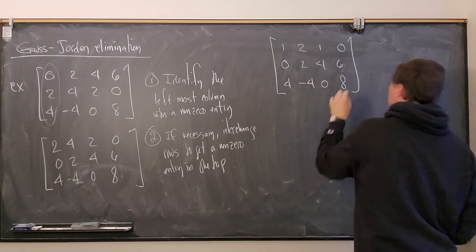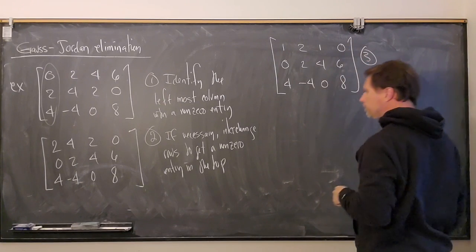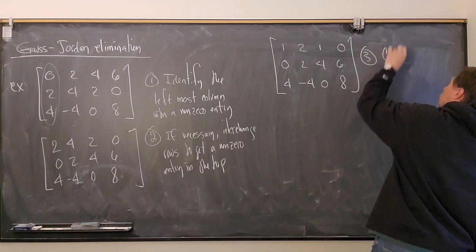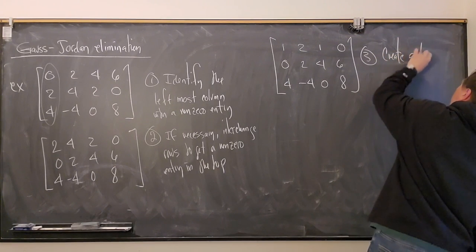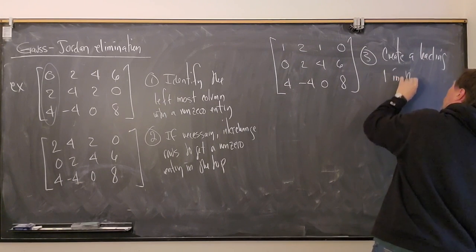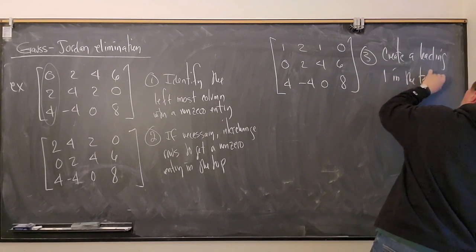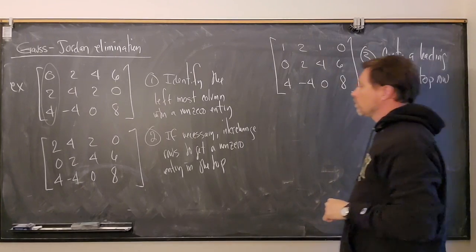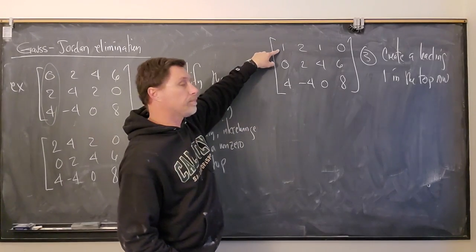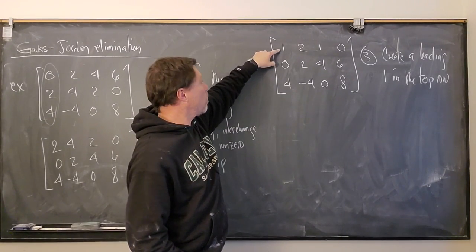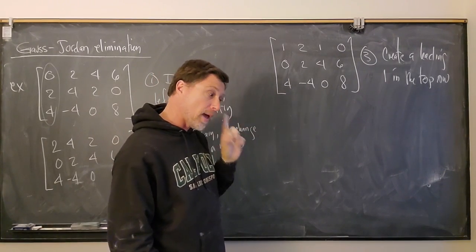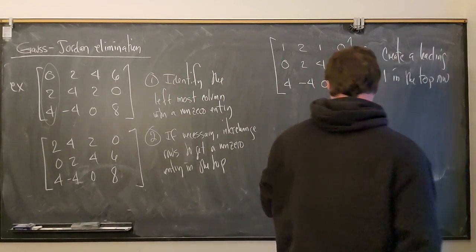Let me write down what I just did: create a leading 1 in the top row. Okay, now I've got this leading 1. I'm going to use that leading 1 to get zeros below it, by performing elementary row operation number 3.